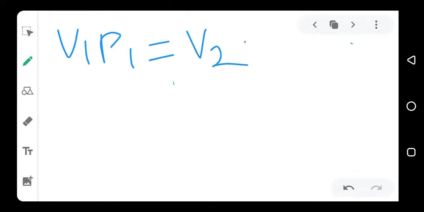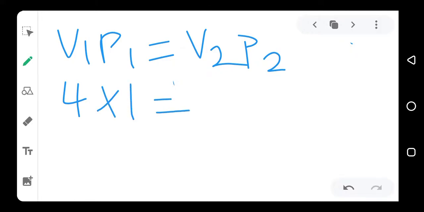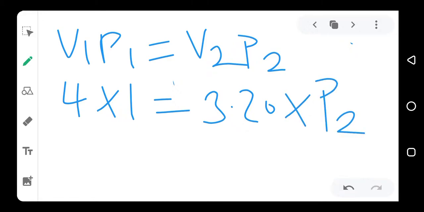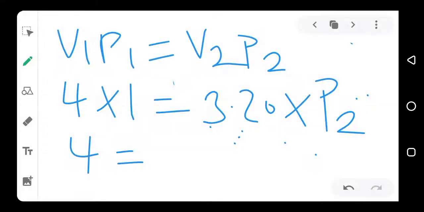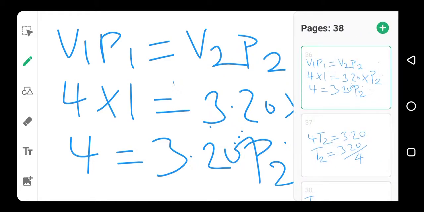So we have 4 times 1 is equal to V2, which is 3.20, times P2. Then 4 times 1 is 4, equal to 3.20 P2.